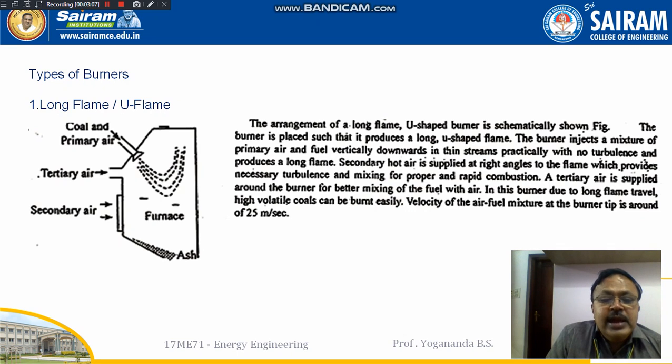Secondary air, hot air, is supplied at right angles to the flame, which you can see here, and this provides the necessary turbulence. Though the turbulence created is less here, proper mixing and rapid combustion is going to take place.